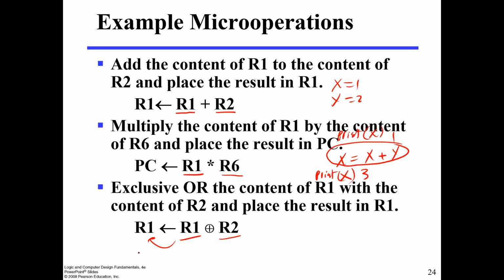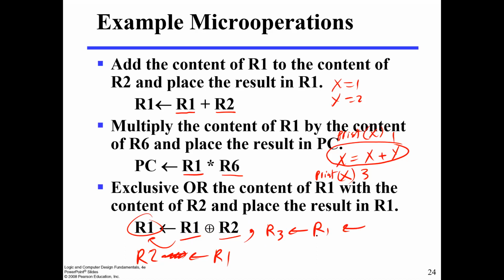So if I want to load R2 with R1, I'm going to take the value that was XORed with R2 here. If you define this as a parallel operation with a comma, let's say R1 takes R1 XOR R2, and R3 takes R1.